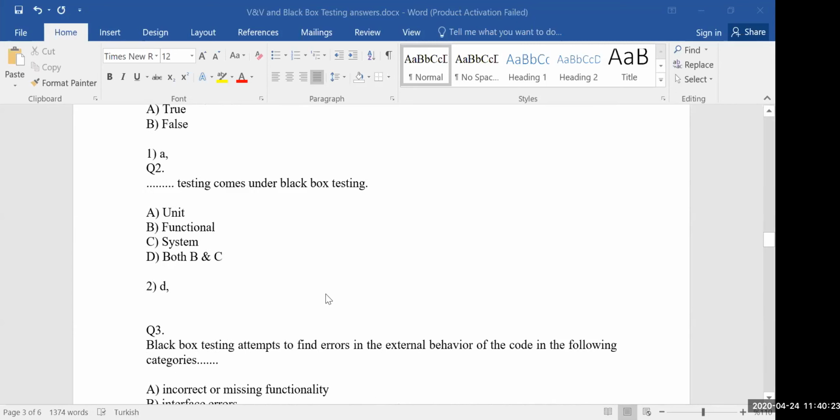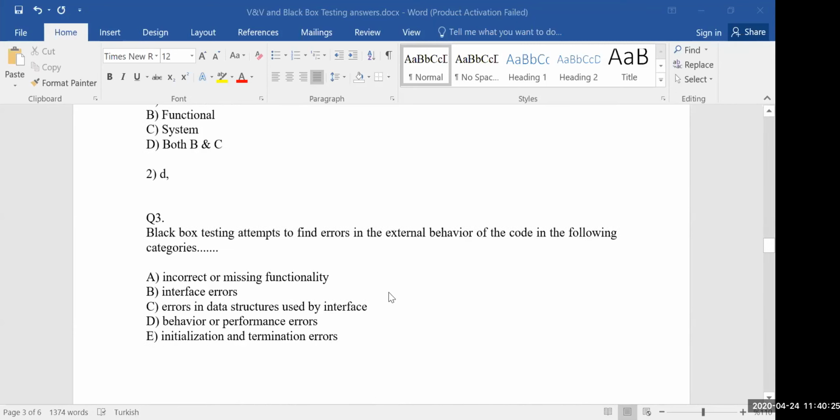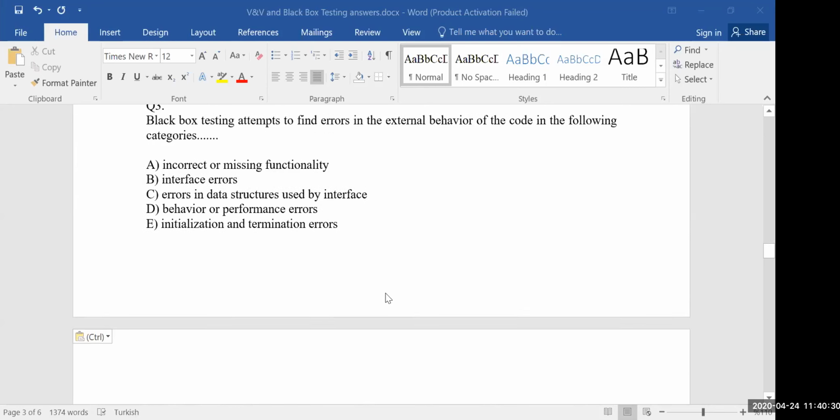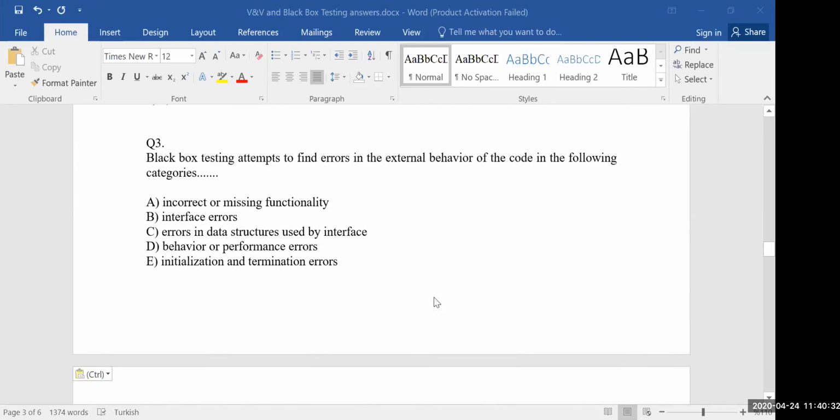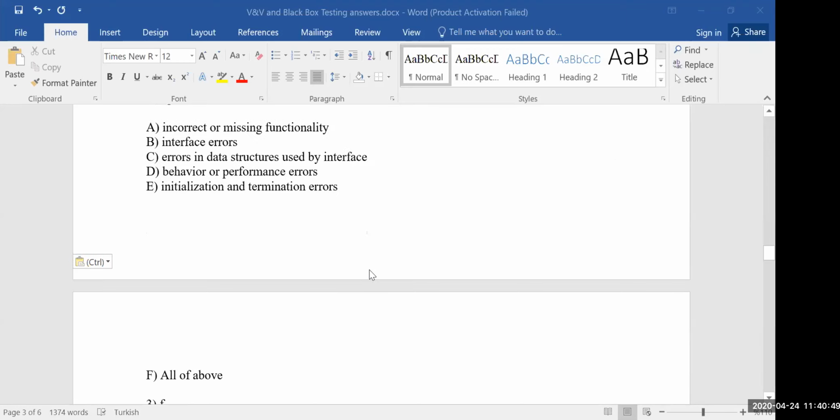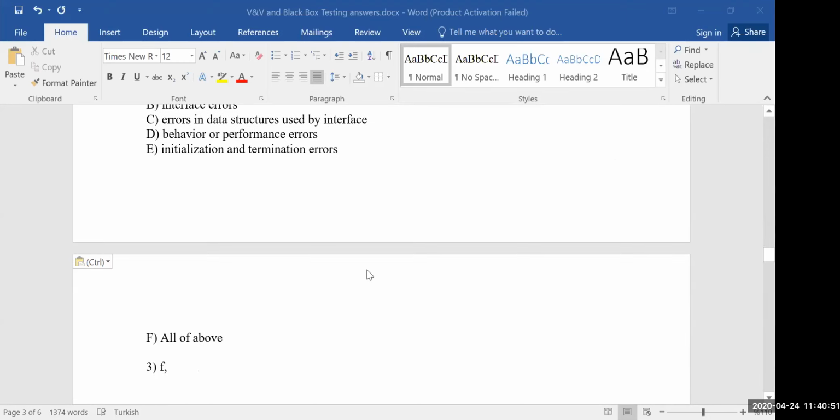Okay. How about question number 3? Black box testing attempts to find errors in the external behavior of the code in the following categories: incorrect or missing functionality, interface errors, errors in data structures used by interface behavior or performance errors, initialization and termination errors. F says all of the above.